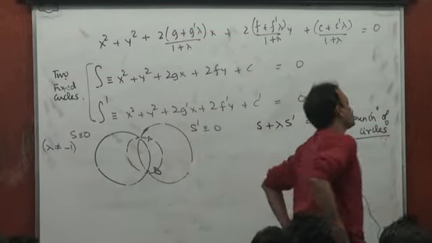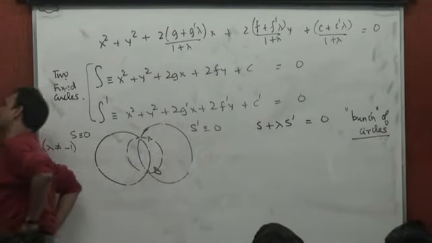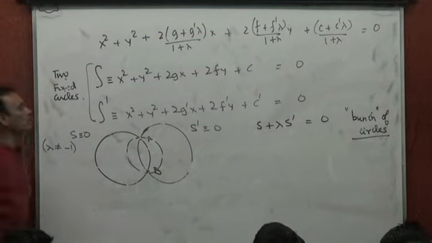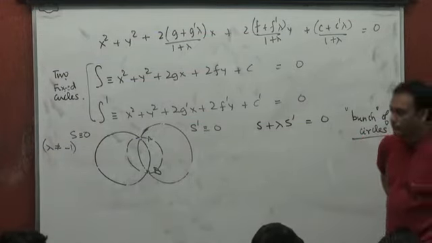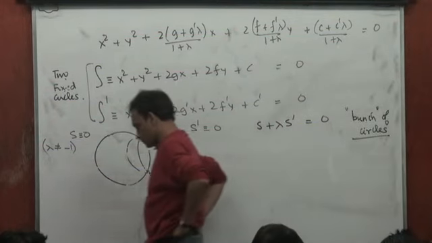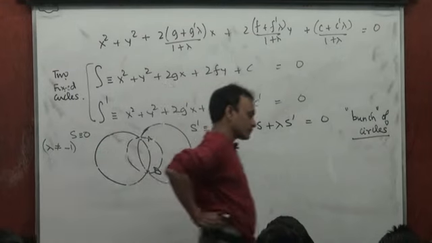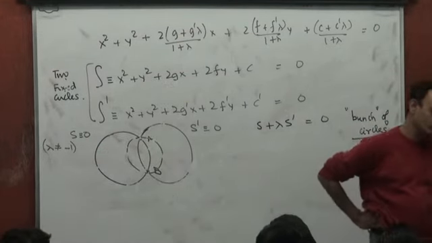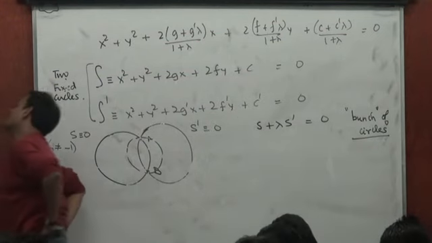A linear combination of two circles, for lambda not equal to -1. Two fixed circles will give me a family of circles.